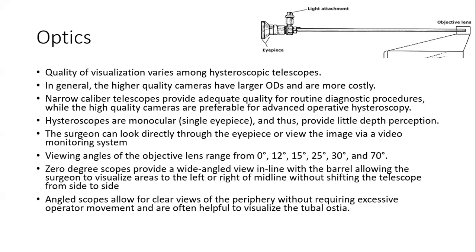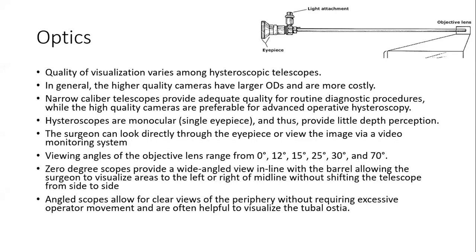You'll find that higher quality cameras are usually on the larger outer diameter hysteroscopes. Hysteroscopy is monocular because it's just one eyepiece, and this gives little depth perception. When you're using the scopes, you can decide to use either a 0, 12, 15, 25, 30, or 70 degree lens.